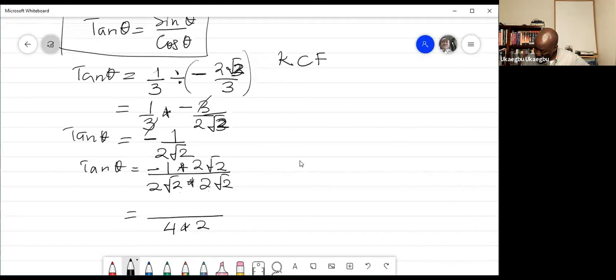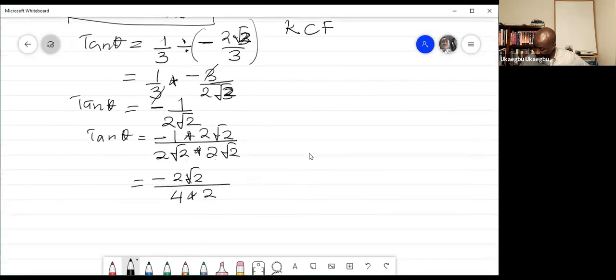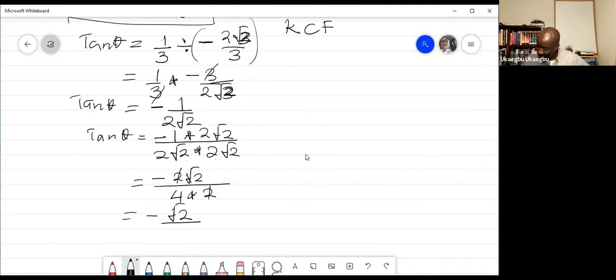Then you just repeat the numerator, 2 square root of 2. You simplify further: 2 can cancel 2, and you'll be left with negative square root of 2 divided by 4. So that's your tangent of the angle, negative square root of 2 divided by 4.